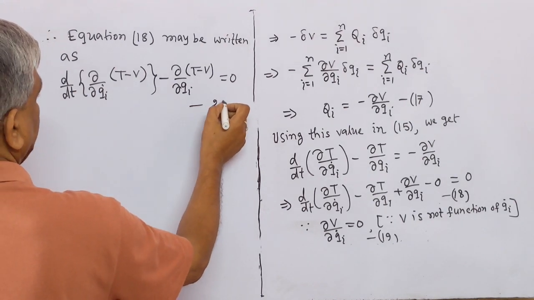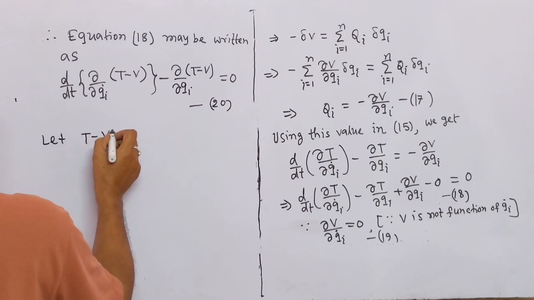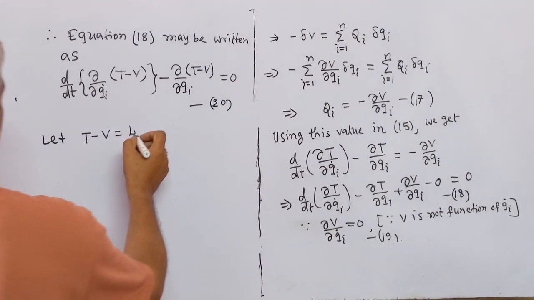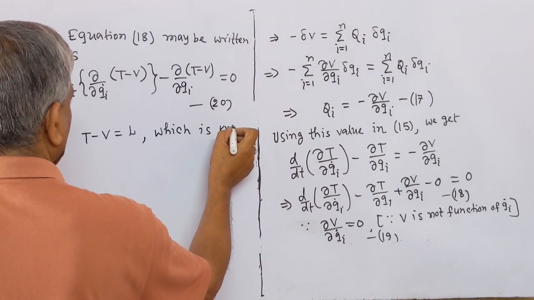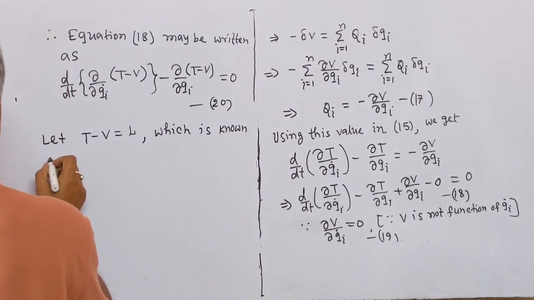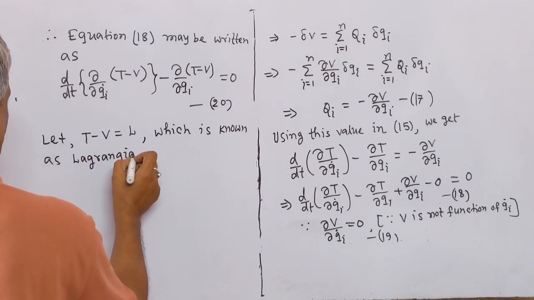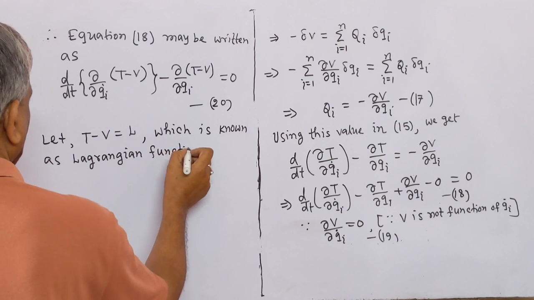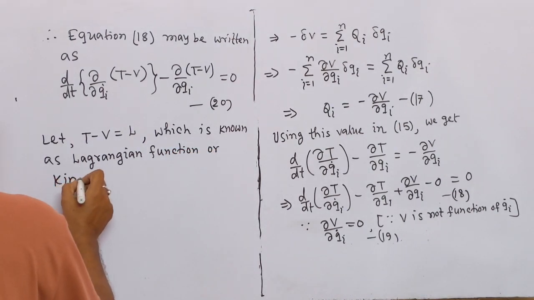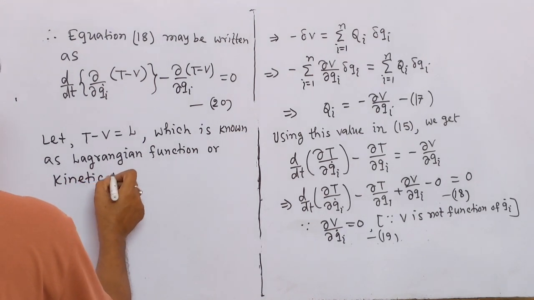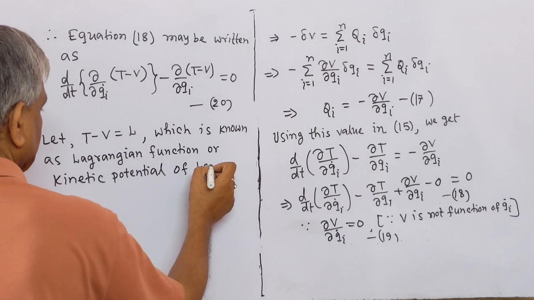Let this be number 20. Let T minus V equal to L, which is known as the Lagrangian function or kinetic potential of the Lagrangian system.